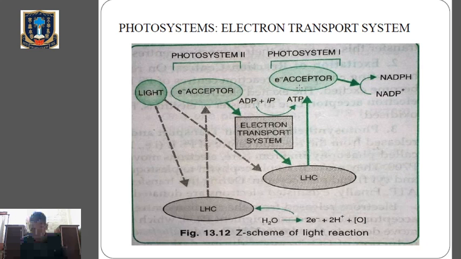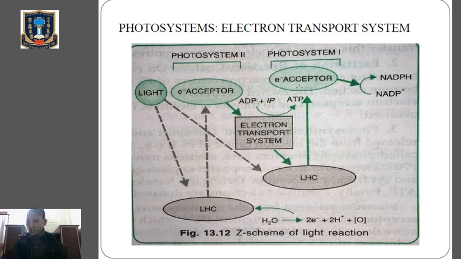But at the same time, the oxidized P680 of PS2 will receive electrons from where? By the photolysis of water. Clear? So we can see the continuous flow of electrons from PS2 to PS1. So PS2, by the breakdown of water or by the photolysis of water, provides a continuous supply of electrons. Clear? So kindly go through page number 13.13 also regarding the photolysis of water.